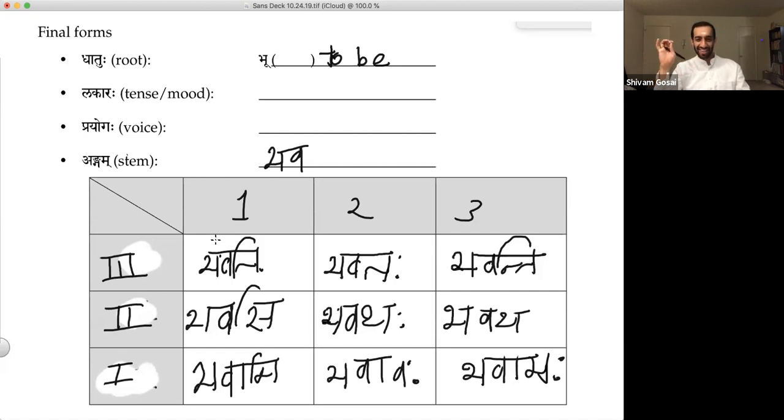Bhavati, bhavataha, bhavanti, bhavasi, bhavataha, bhavata, bhavami, bhavavaha, bhavamaha. Okay, so if you weren't able to get that with your eyes closed, no problem, right? We're going to be doing a lot of practice with this, okay? But this is the goal.